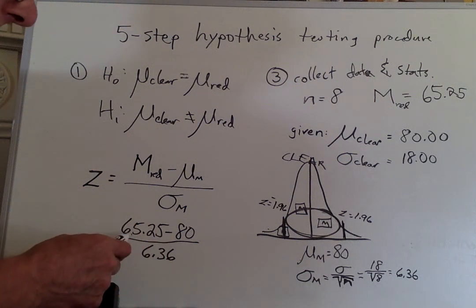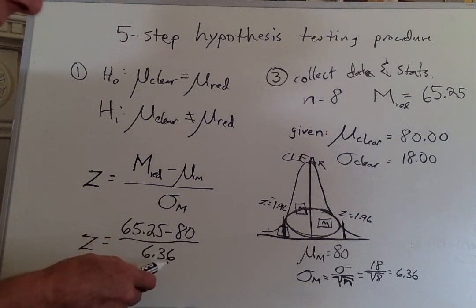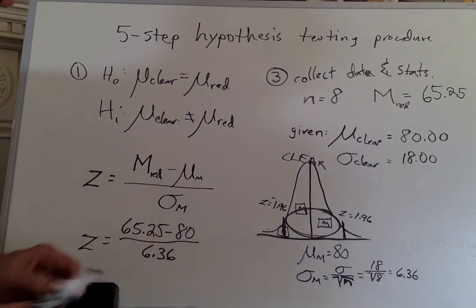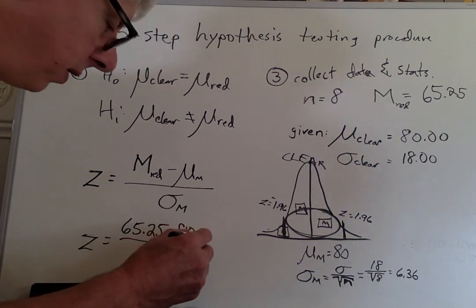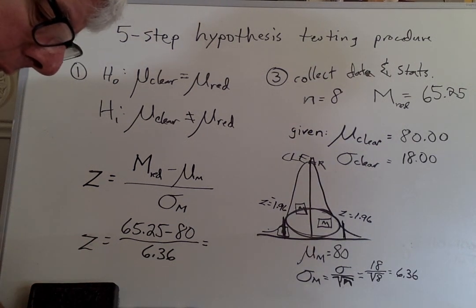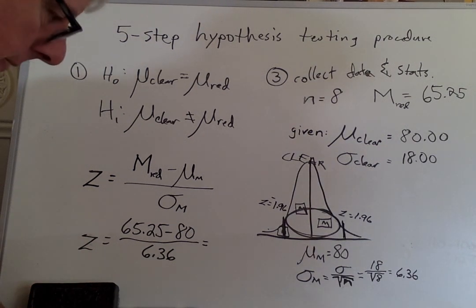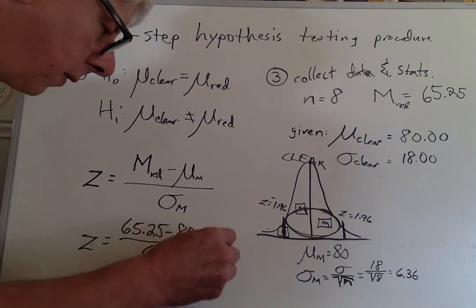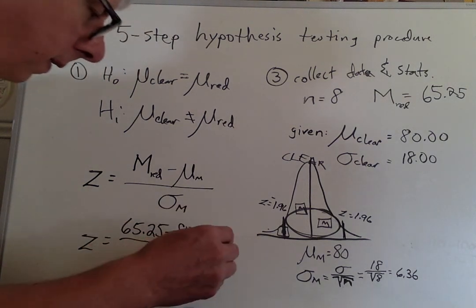So how far is this away from 80? But then how does that compare to the standard distance away from the mean? And if I do this, 65.25 minus 80, divided by 6.36, equals minus 2.32.